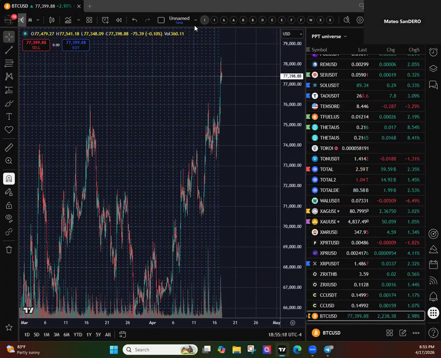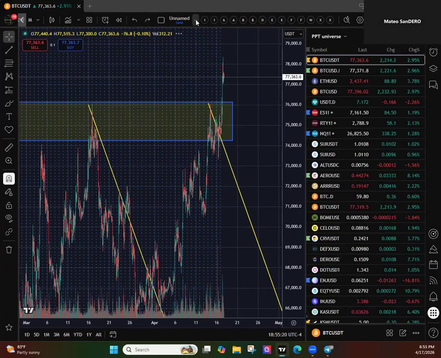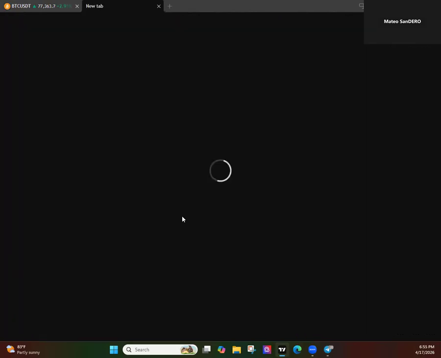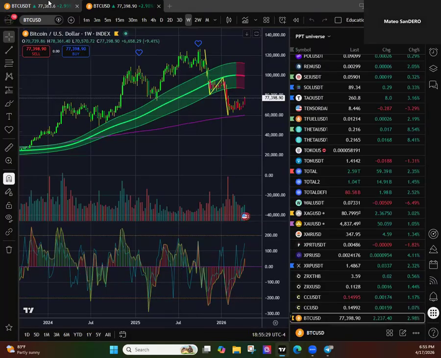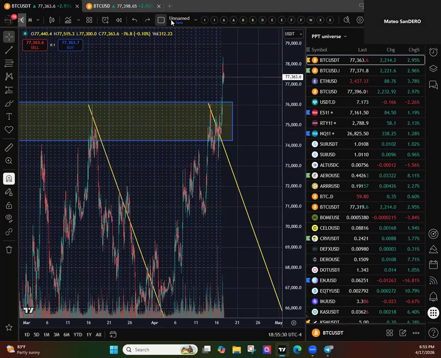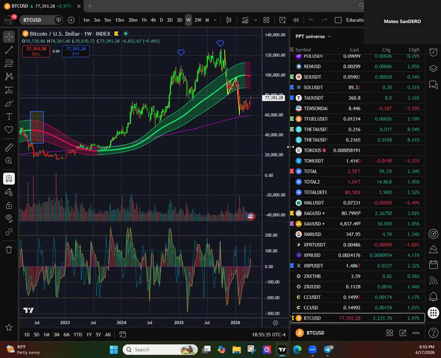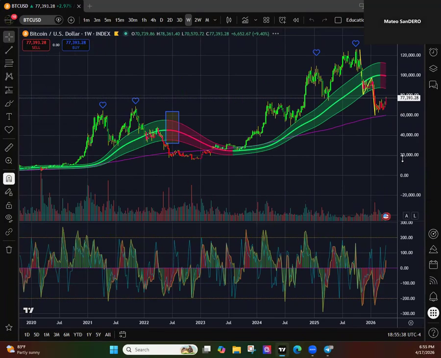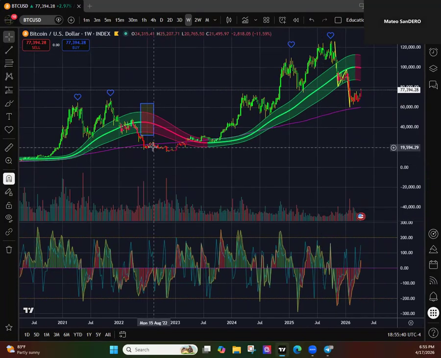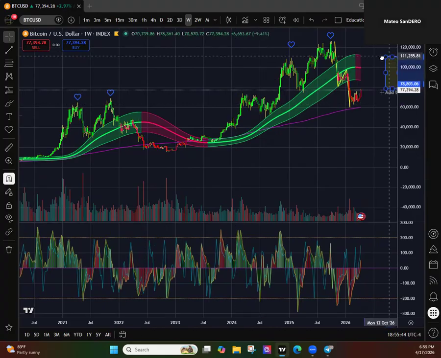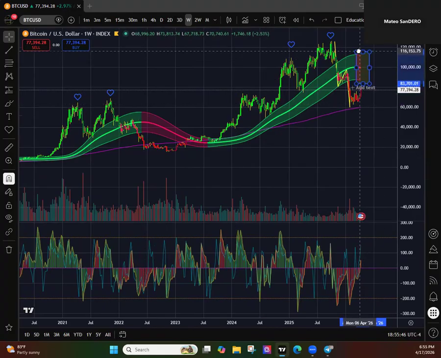Okay, so I showed you that, but let's go to the indicator now that I wanted to show you. Just to get a sense of time, we've spent this much time so far in the red phase of the Gaussian channel.